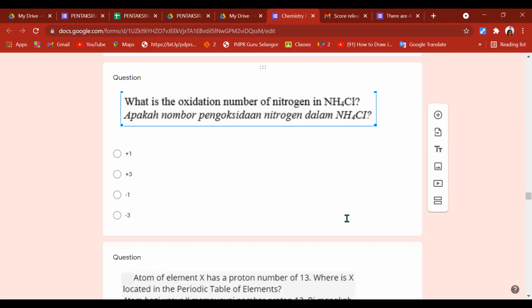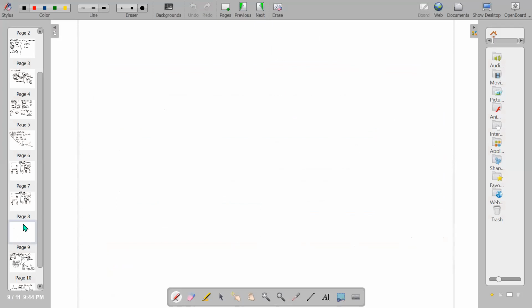Okay, I will let somebody annotate my screen for this question. What is the oxidation number of nitrogen here? Who would like to do it for teacher? Okay, so I am going to go to a new picture. So I want to know NH4Cl.